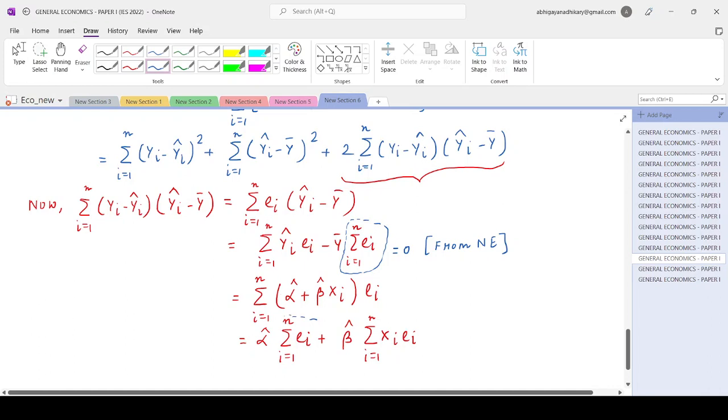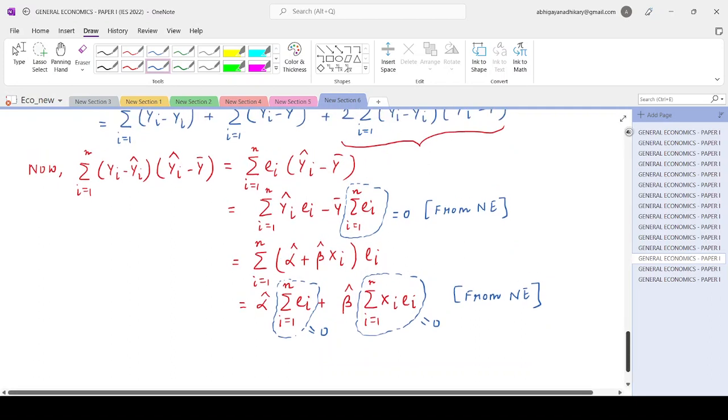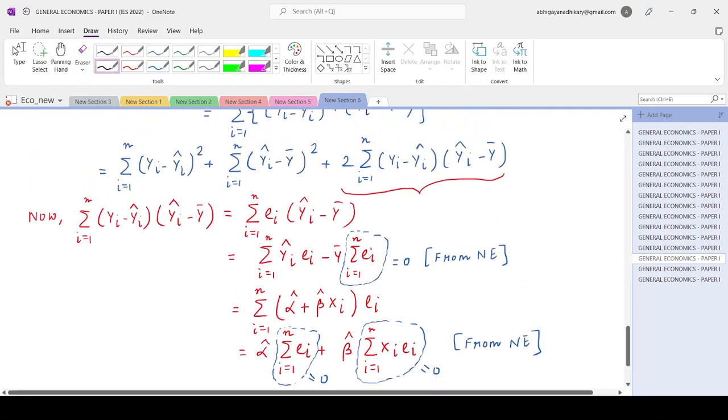Now the summation of ei is equal to 0, and this is also 0, again from normal equations. That means ultimately this cross product term is entirely 0.